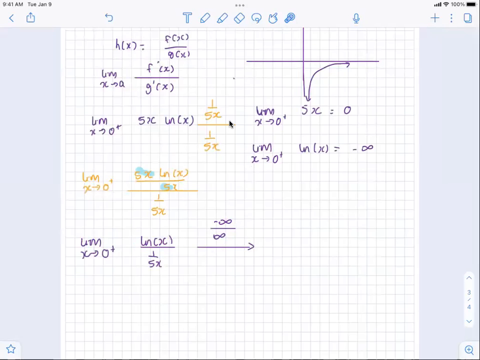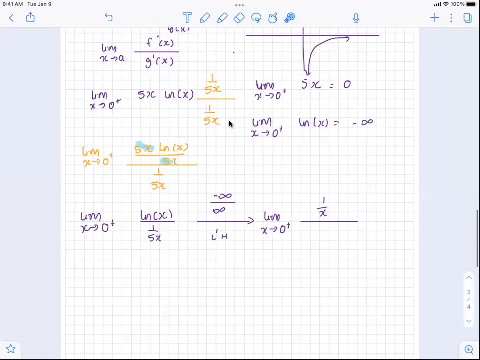So I usually do, okay, look, in this form, I can do L'Hopital's rule. That means I'm going to take the limit as x approaches 0 from the right-hand side of the derivative of the top, which is the derivative of natural log of x, which is 1 over x, and the derivative of the bottom, 1 over 5x.